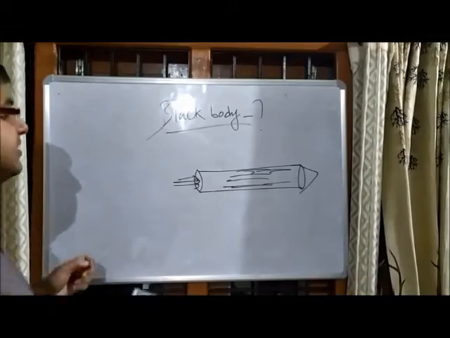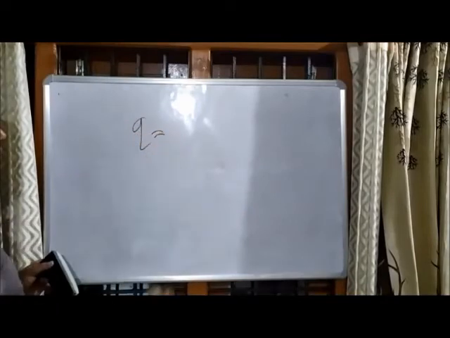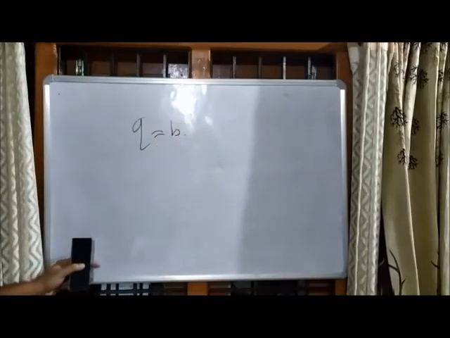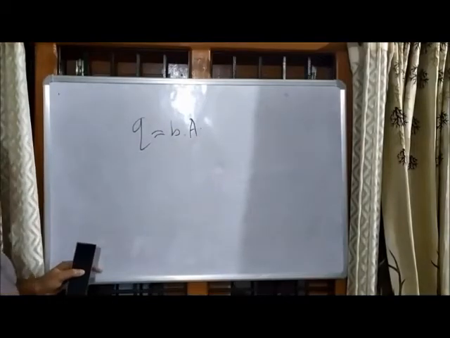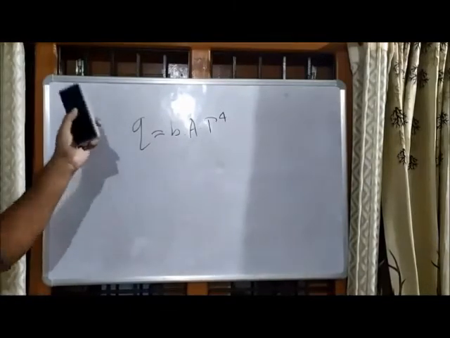So now, the rate of radiation depends on temperature. Generally, a hot body emits radiation, we know that, right? And it follows the Stefan-Boltzmann law. As per the Stefan-Boltzmann equation, the rate of radiation, that is the amount of heat, is Q equals B dot A dot T to the power 4. What is Q? It is the energy radiated per second.